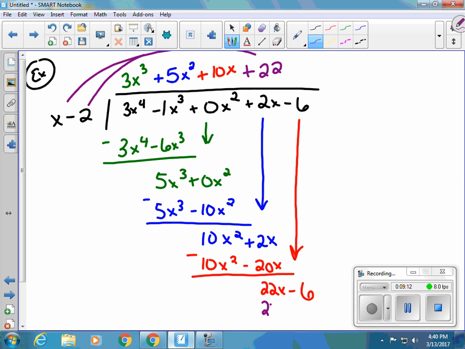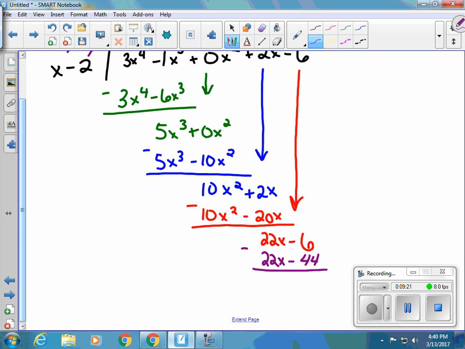So I've got 22x minus 44. I'm going to subtract those two. When I do this, though, as you can see, it's not the same. So I'm going to have a remainder, and that's okay. So looking at this, I'm going to have 38 as my remainder.